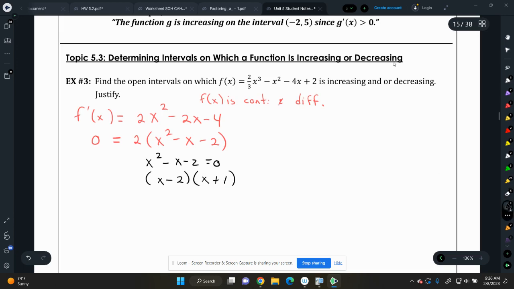Just giving you that little word of encouragement. All right, so we get x equals 2 or negative 1. We don't have any points of discontinuity, so I don't have any other critical points, right? This is on an open interval, so there's no endpoints to consider.